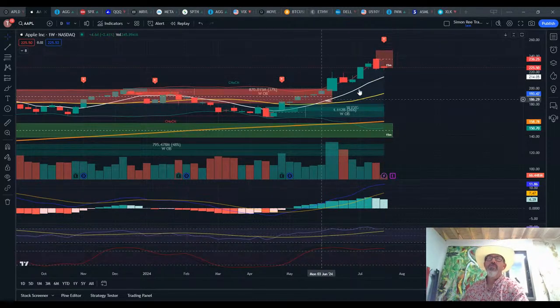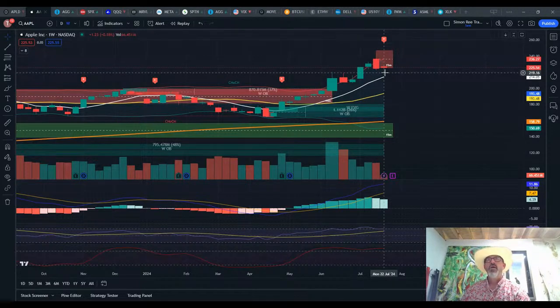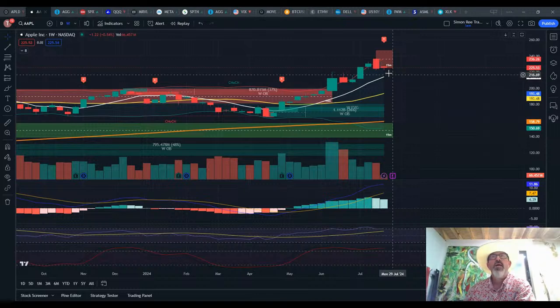So on a weekly chart, we may just have a bit of a consolidation, a correction happening with Apple. And since they're the largest company within the S&P 500, that could be some good outlook for the overall S&P 500, but also Apple. But we need to see some positiveness here on the weekly chart.